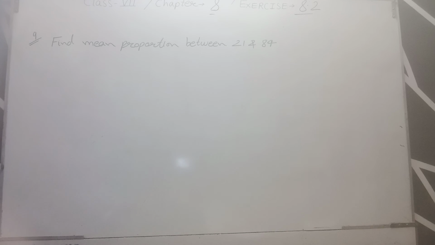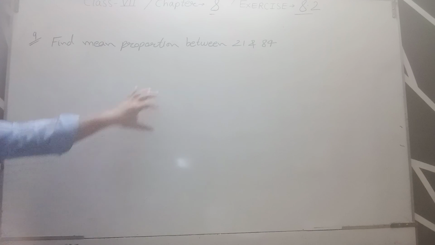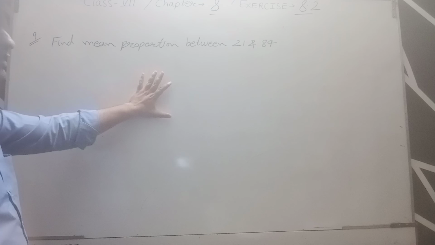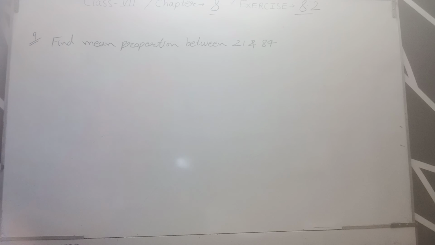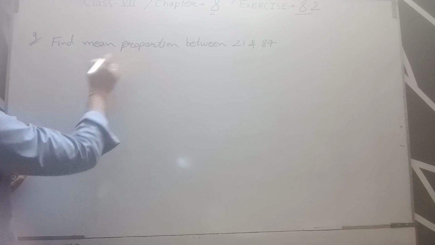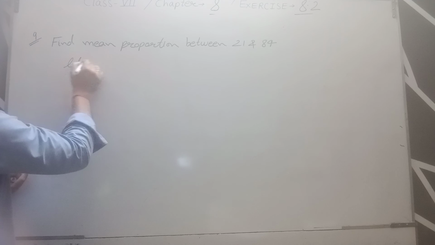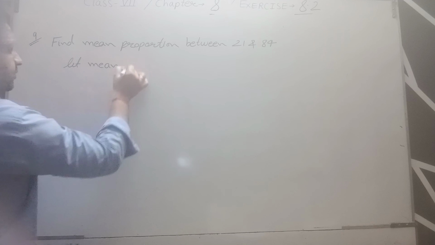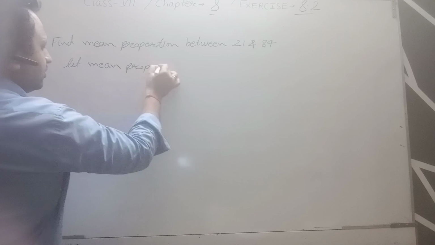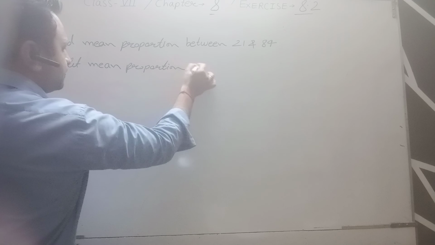Okay, now discuss the ninth question. In the ninth question, we have to find the mean proportion between 21 and 84. Between these two numbers, 21 and 84, we have to find the mean proportion. So we suppose that the mean proportional is x. Let the mean proportion be x.